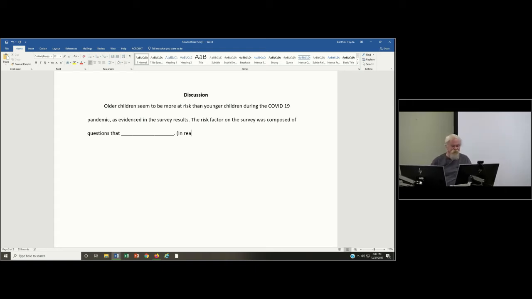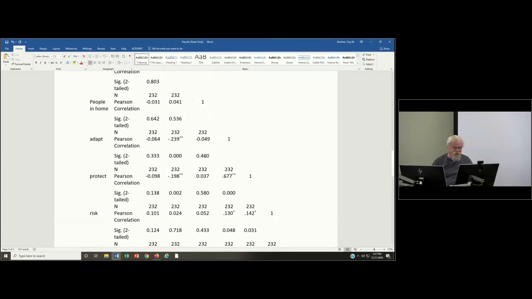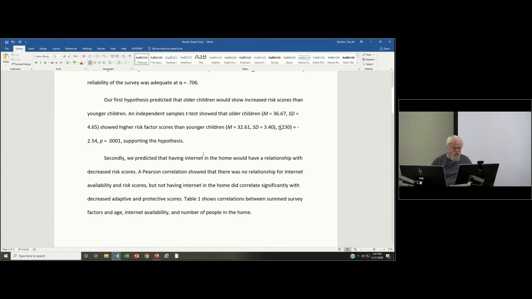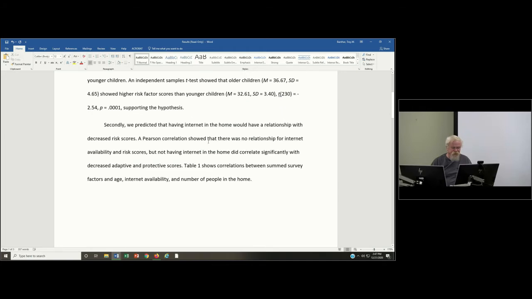Okay, and then we also did some correlations here. And one of the items that we found on the correlation was that children who did not have internet in the home had decreased adaptive and protective scores on this survey.